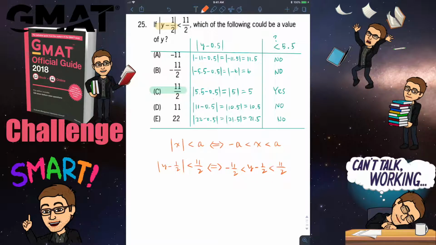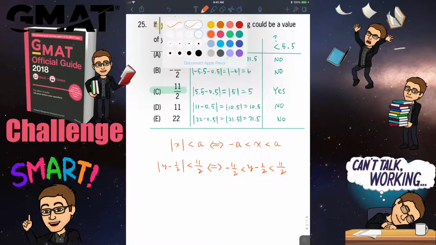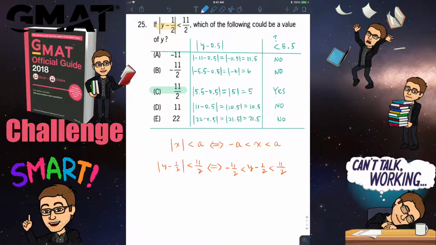Alright, so this is how you get rid of the absolute value in this inequality. And then you're going to solve this inequality for y. So isolate variable y, that means you're going to add 1/2 to each part of this inequality. This is a compound inequality. We have 3 parts. So I'm going to add the same thing to each part, in this case 1/2.